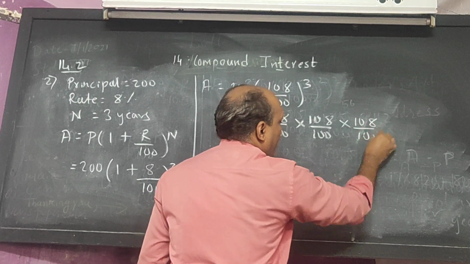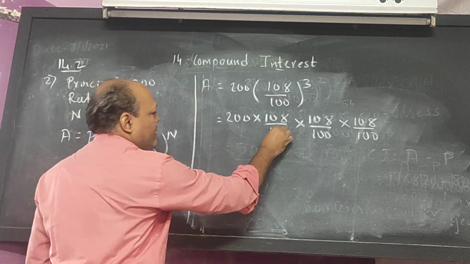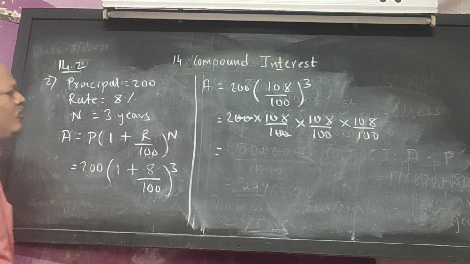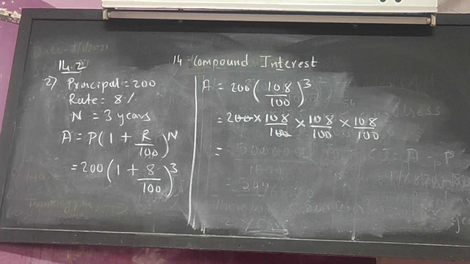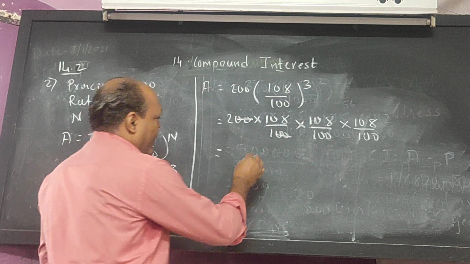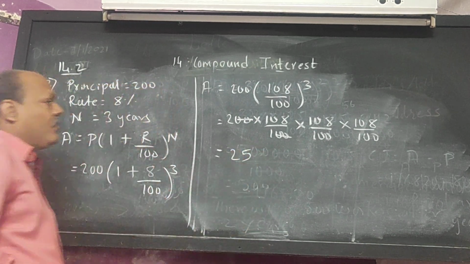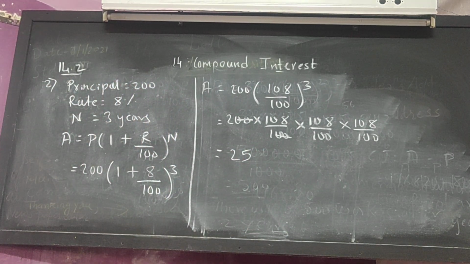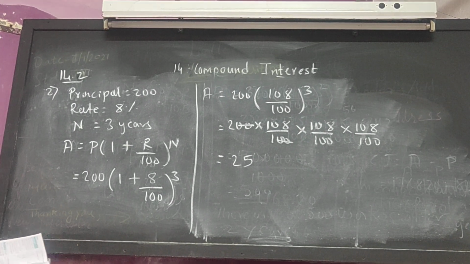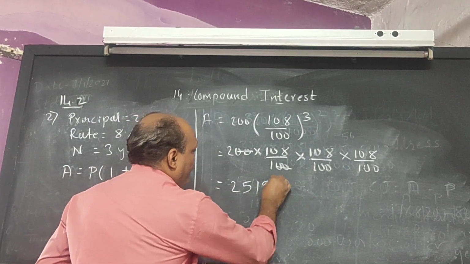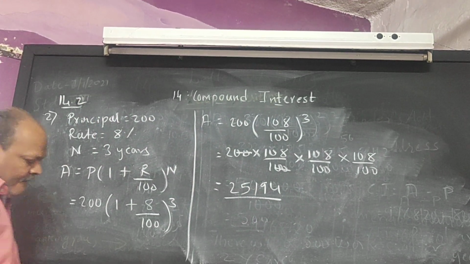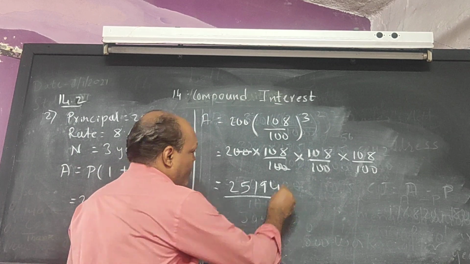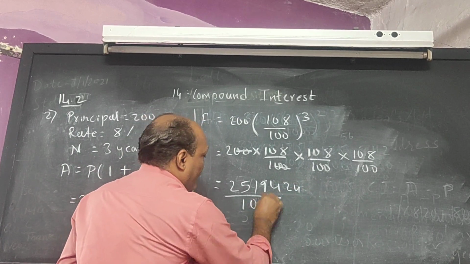You have to multiply three times. Those zeros cancel. Now just multiply all the terms. When you multiply all the terms, you are going to get 25194 upon 10,000. Do the calculation properly, students. The multiplication is 2 into 108 into 108 into 108.